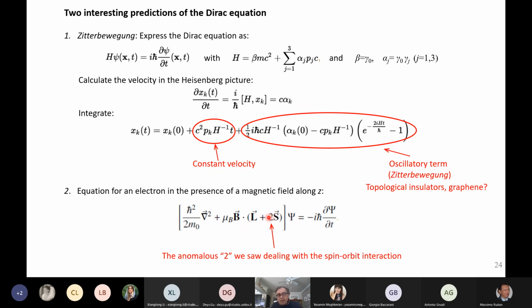But the interesting thing is that in front of spin, you get the magnetic moment, if you want, of the electron, for spin, you get an extra factor of 2. I hope you remember when we were discussing the spin-orbit interaction, I gave the straightforward expression that you get from classical electrodynamics for the magnetic moment of a particle with a given angular momentum.